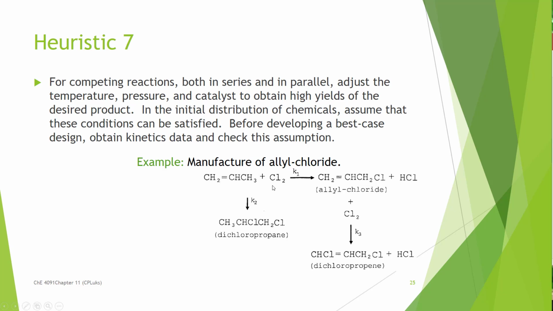So, for instance, in the manufacture of allyl chloride, reaction 1 produces my allyl chloride, but there's a side reaction, reaction 2, that produces dichloropropane, or I have a reaction where allyl chloride is an intermediate that produces dichloropropene. So I want to maximize reaction 1, minimizing reactions 2 and 3.